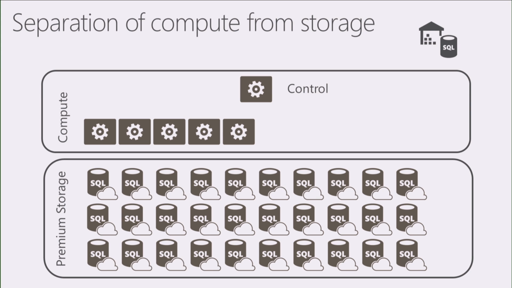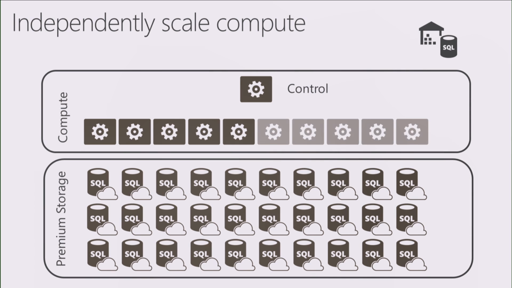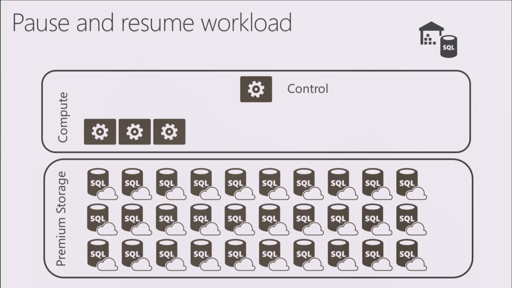But with SQL Data Warehouse, we have really changed this way of thinking by decoupling both the compute layer and the storage layer, being able to independently scale compute from storage, where you can essentially scale up whenever you're driving usage with the service, and scale down whenever you're driving less usage. And we also take it a step further, where we're able to pause and resume your workload, where we could essentially turn off your compute, effectively turning off your entire compute bill, and then resume it whenever we're expecting to drive any usage.